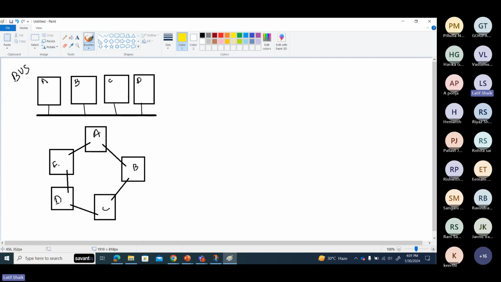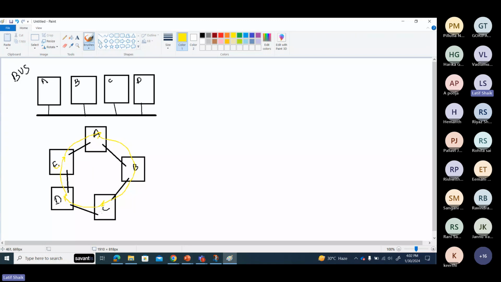It is like this. A will send a packet to B and B sends a packet to C. If C wants to communicate with A, then C sends a packet to D, D sends a packet to E, and E sends a packet to A. So it is either clockwise communication or anti-clockwise. It is a kind of closed circuit also.